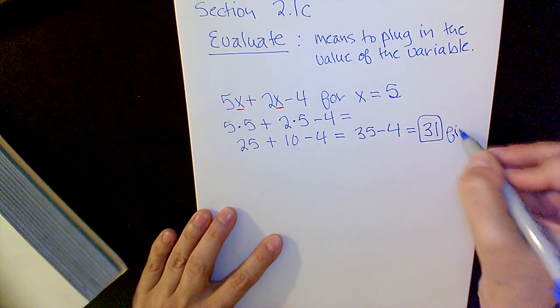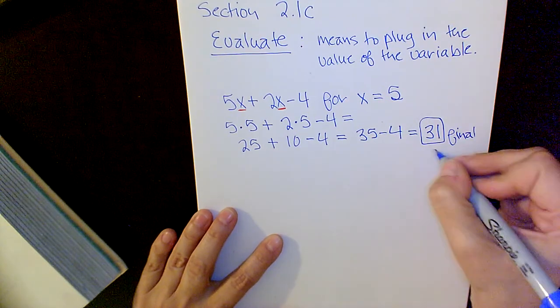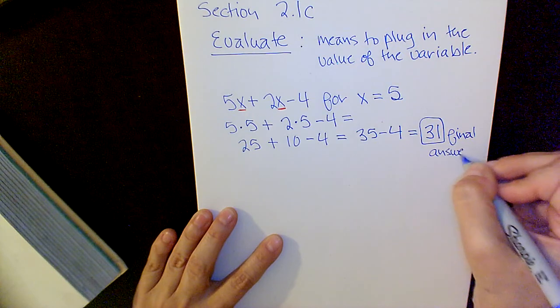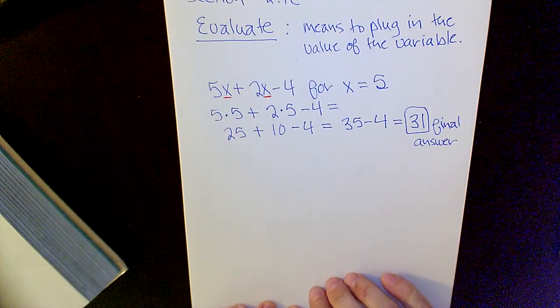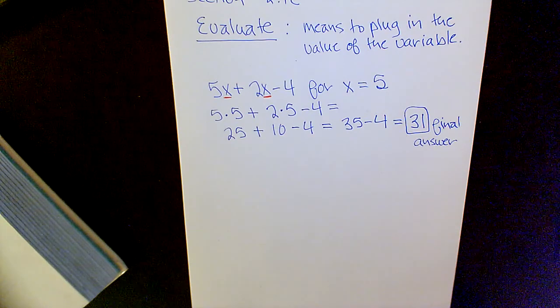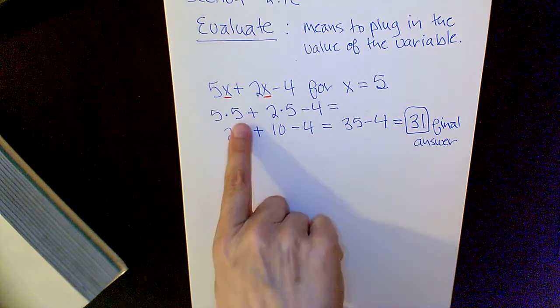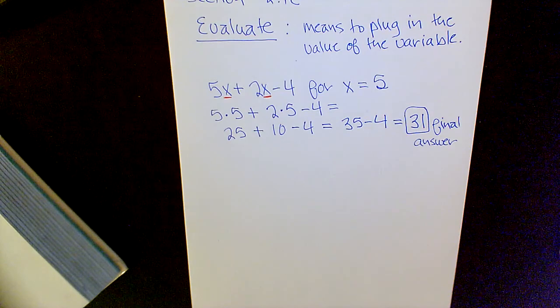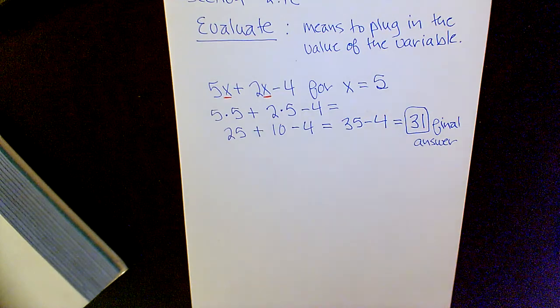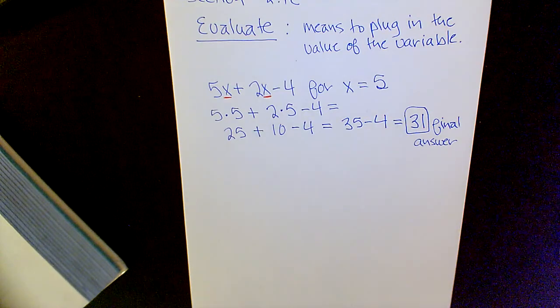So 31 is my final answer. How was that? We knew x was 5, so we just took the 5 and pumped it in here and here, multiplied it out, worked it out, and got 31.